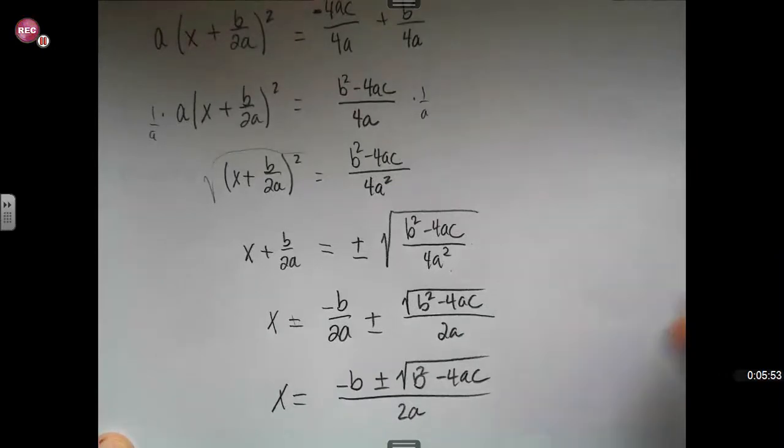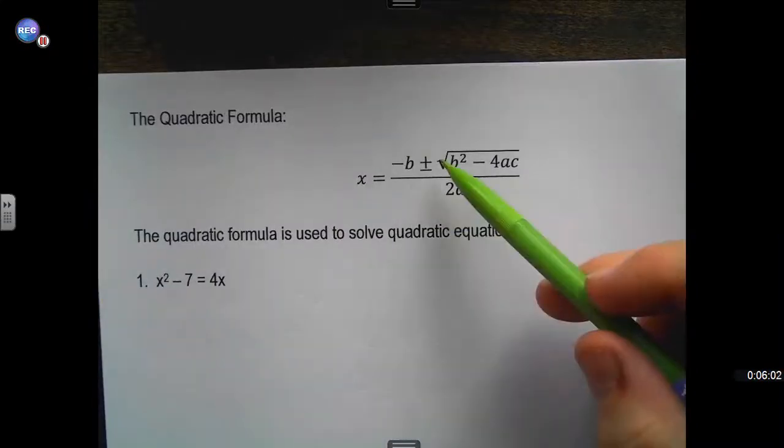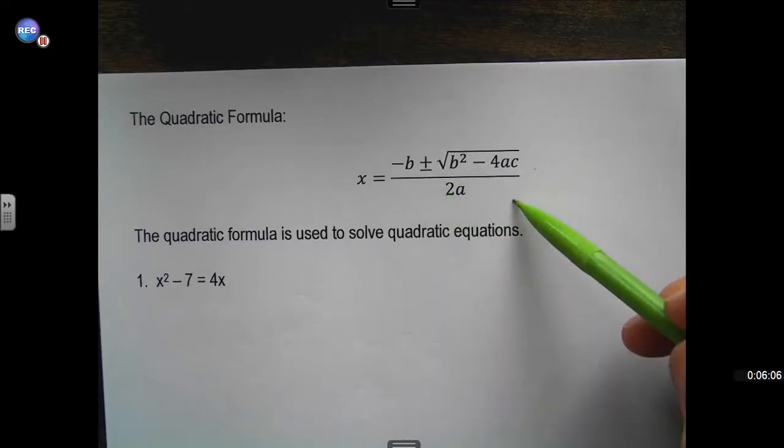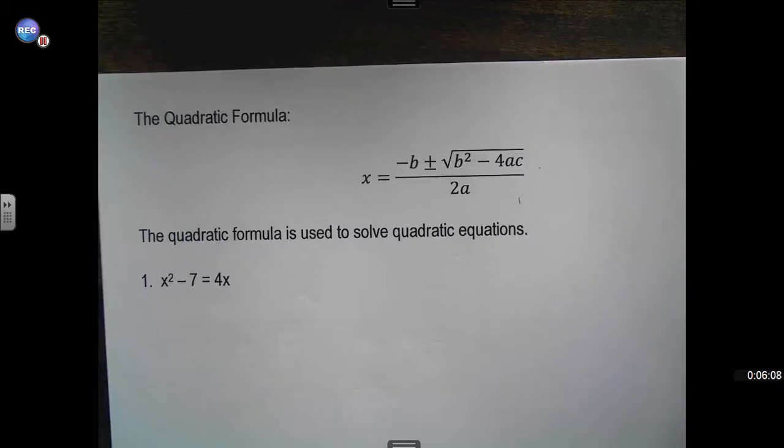Okay, that's where some of those answers come from. So the quadratic formula, there it is: the opposite of b plus or minus the square root of b squared minus 4ac all over 2a, and you're going to have to get to know that.